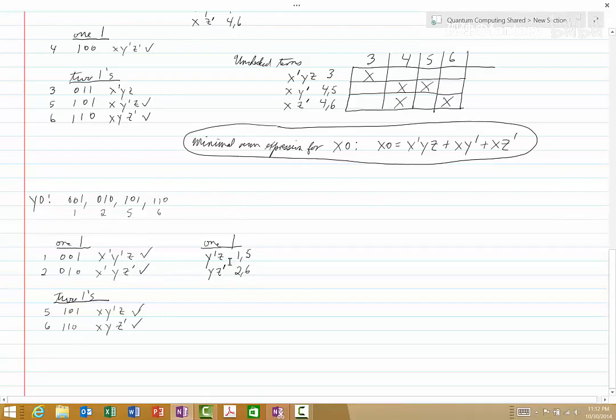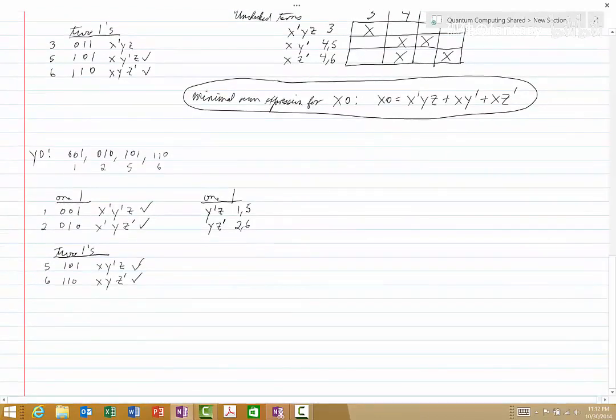And of course, there's nothing we can do now with this second column because it has only one category in it. So we're done. Now when we look at the unchecked terms, or just those two terms in the second column, we have y prime z and y z prime.